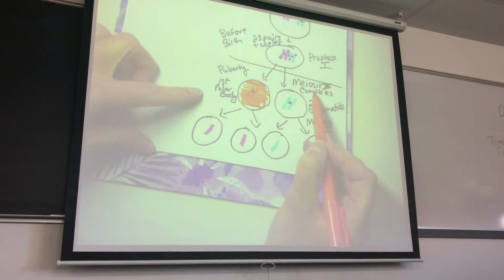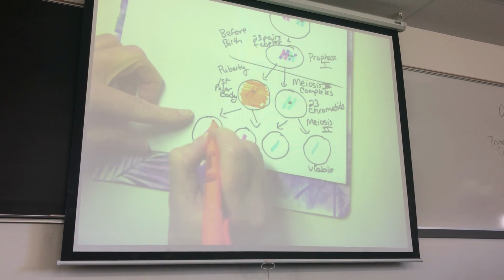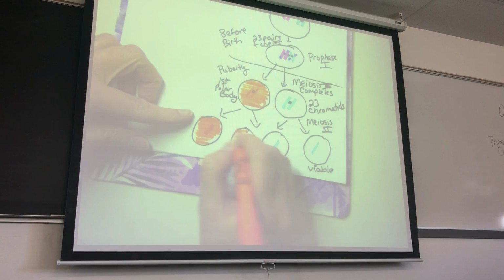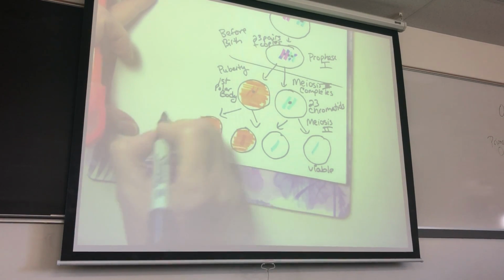The first polar body goes through meiosis 2, and since you didn't start with any cytoplasm, you're going to end with no cytoplasm. And those are called second polar bodies.